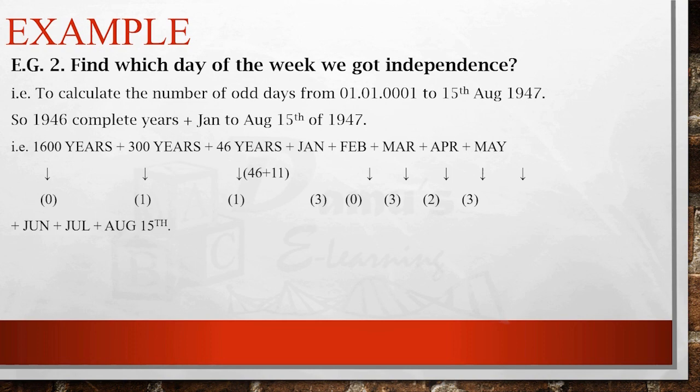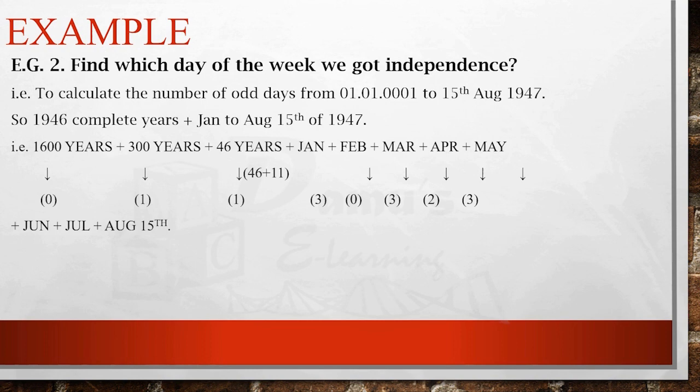Every year has 1 odd day and every leap year has 2 odd days. So 46 years will have 46 odd days and these 11 years will have 1 additional day each. So the total number of odd days will be 46 plus 11, that is 57. Now 57 divided by 7, remainder 1, that is 1 odd day.